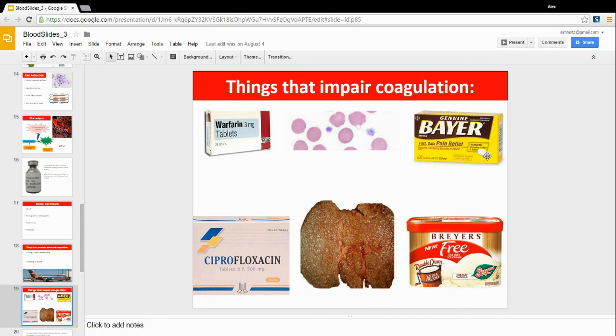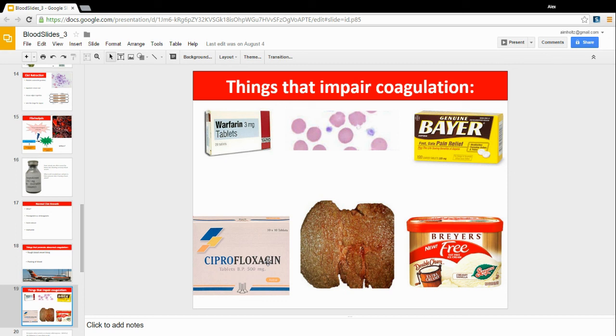Platelets are impaired by aspirin, so aspirin can prevent clotting by hindering platelet activity. If you were taking too many antibiotics and killing your normal gut bacteria, that could be bad because your gut bacteria make up about 50% of your vitamin K supply.